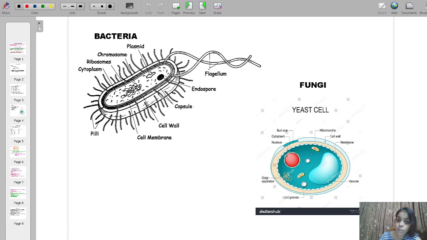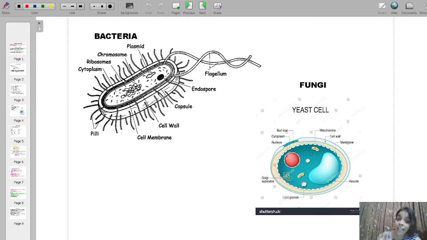Apart from these features, a very striking feature of bacteria is that there are no membrane-bound cell organelles in the structure. Presence of membrane-bound cell organelles is a typical feature of eukaryotes.